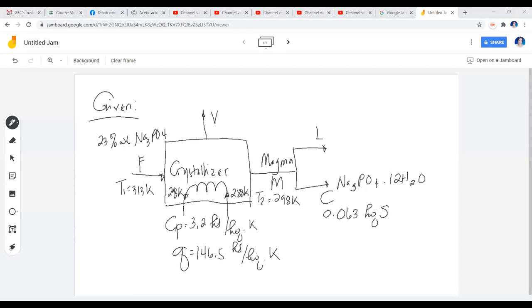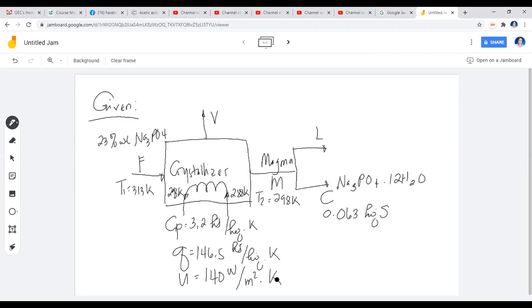So it says here, if cooling water enters and leaves at 288 and 293, and the overall heat transfer coefficient is 140, that's something we need to add here, the U. So 140 watt per square meter Kelvin.